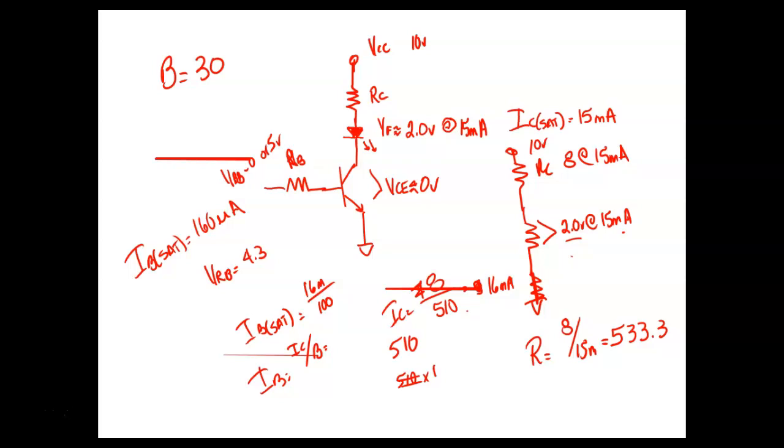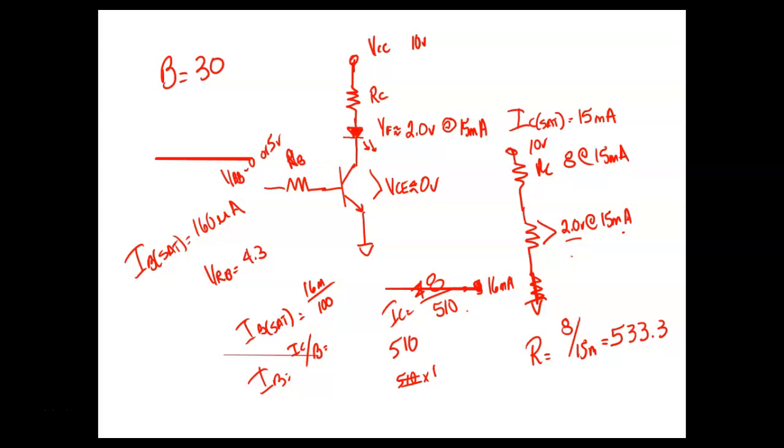And what we're doing is we're using minimum beta because minimum beta is guaranteed. We're doing this for a 3904, and the minimum beta is 30. So if the beta is greater than 30, you can't saturate a transistor more than it's saturated. As soon as it drops about 0 volts, it doesn't make any difference how much base current you put into it after that.